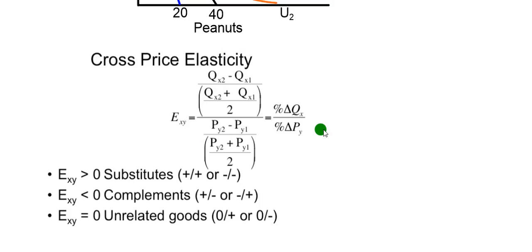So if the price of bananas goes up, then the quantity demanded of peanuts is going to go up, and if the quantity demanded of peanuts goes up, then the price is also going to go up. So the price and the quantity demanded both of peanuts are going to go up as a result of the banana crop being destroyed.